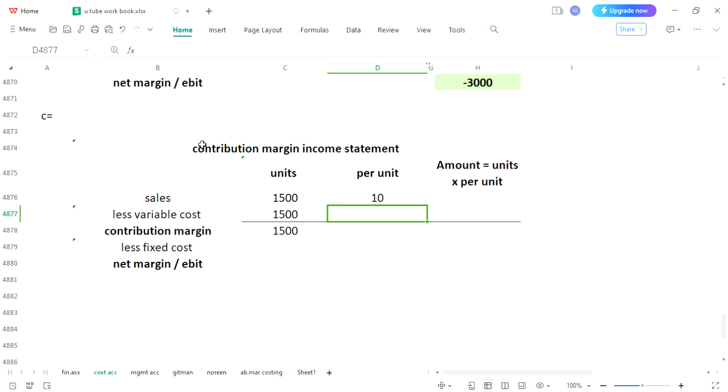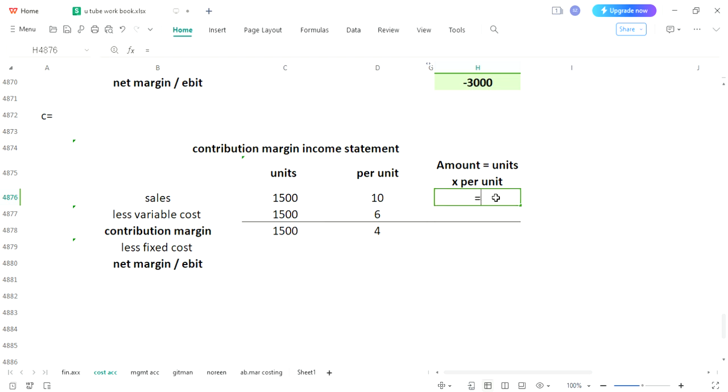So put $6. In this part, we can calculate contribution margin per unit, which is the difference between variable cost and sales. To calculate the difference, you will write your sale and will subtract your variable cost per unit. You have got per unit contribution margin as well. Okay, now total amounts would be calculated for which units would be multiplied per unit.